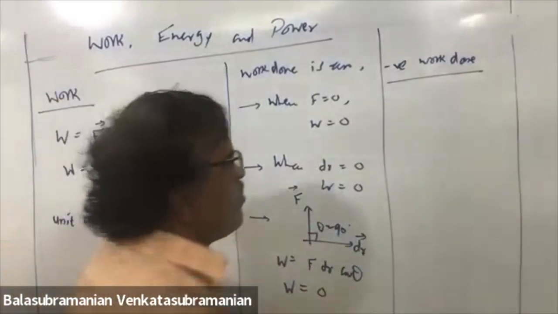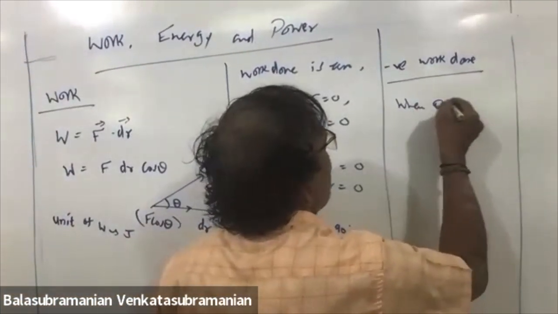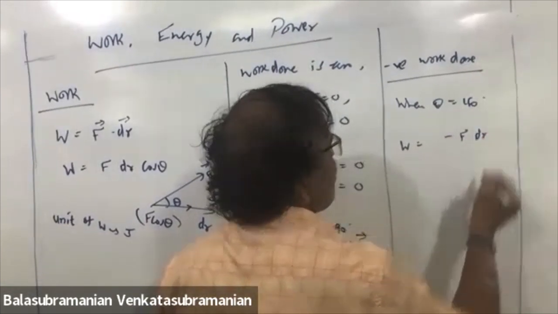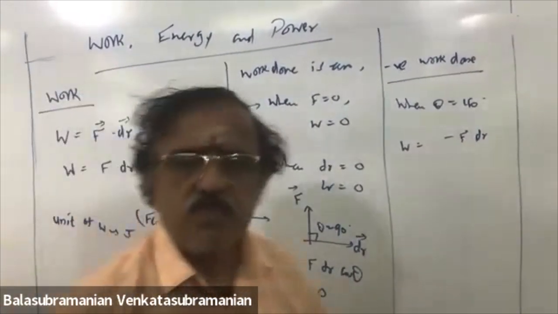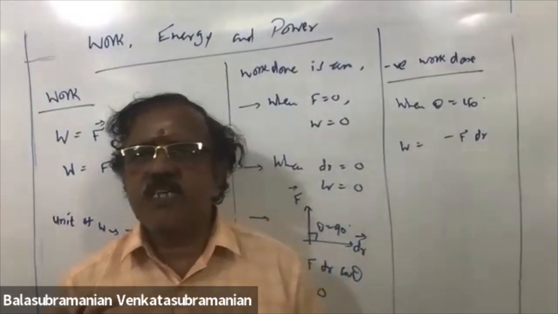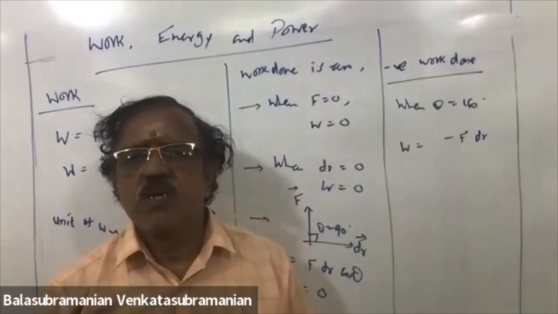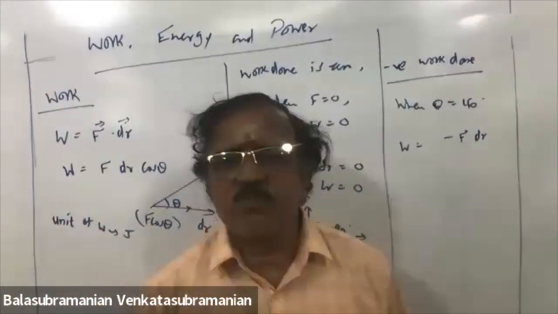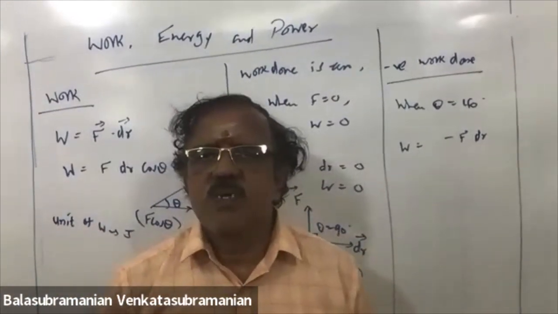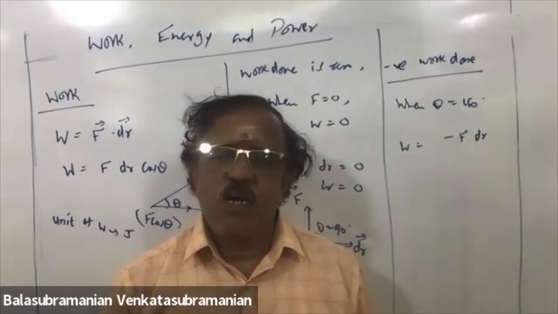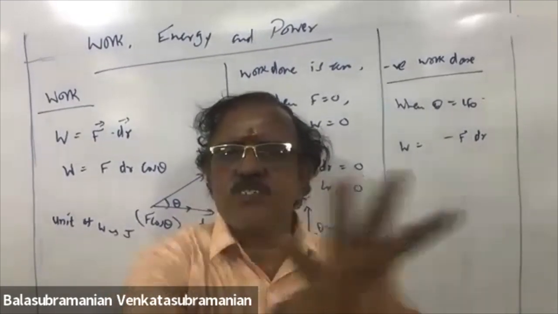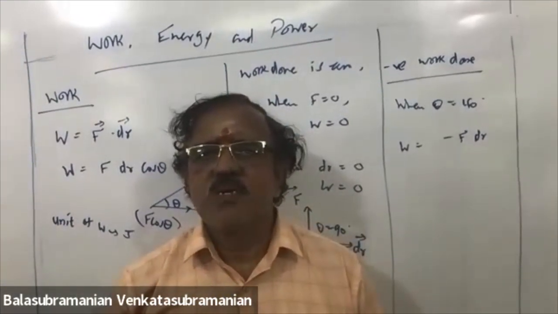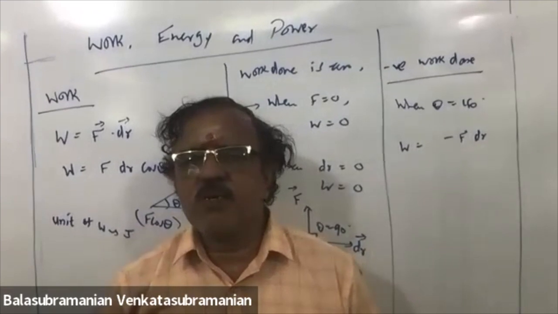Negative work done. When theta is equal to 180, W is equal to minus F dr. Cos 180 is minus 1. If you apply a force, the body should move in the opposite direction. Sir, how is it possible? You are applying a force in this direction, how will the body move in the opposite direction? You can take a very simple example.